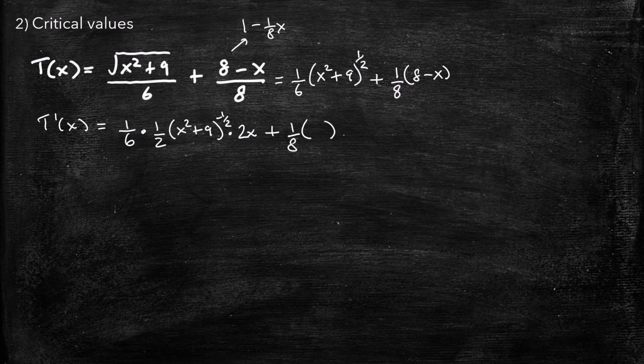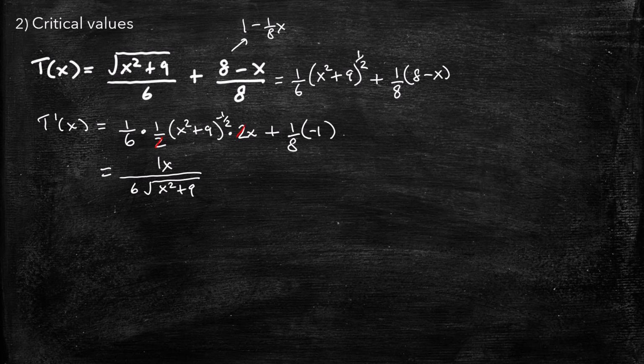And the derivative of 8 minus x is just -1. So if we tidy that up, this 2 cancels with that 2. I'm going to rewrite it back in radical form because it's a little tidier that way. So we're going to get x over 6 times the square root of x squared plus 9.